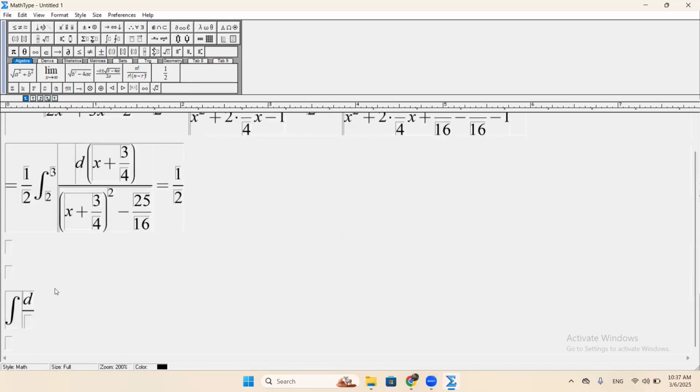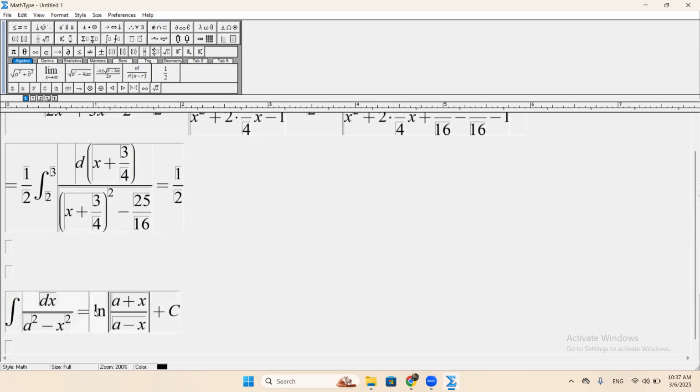So dx over a square minus x square equals 1 over 2 natural logarithm of the module of a plus x over a minus x plus c.